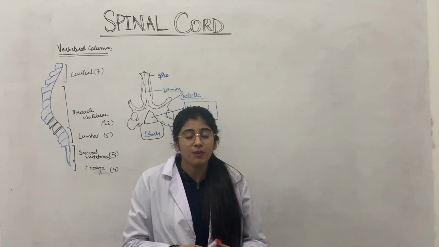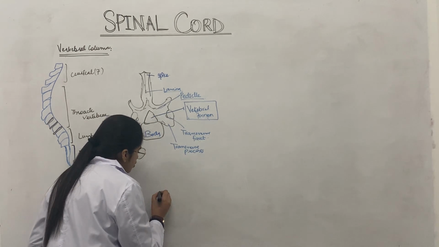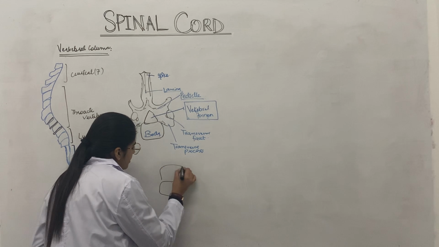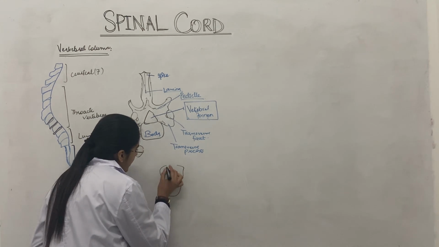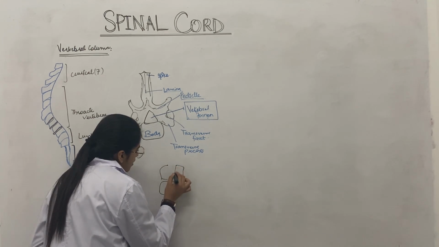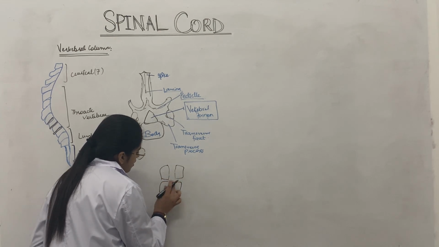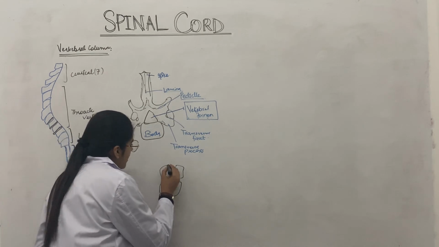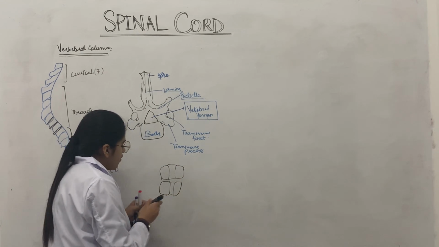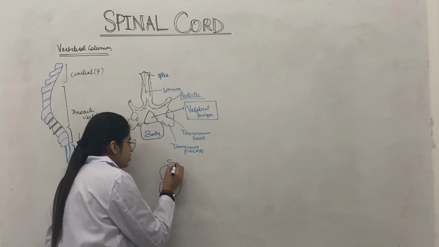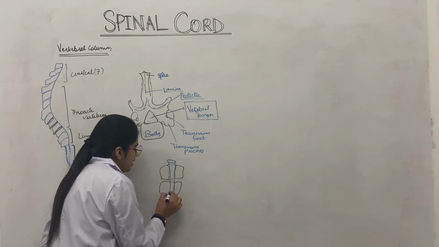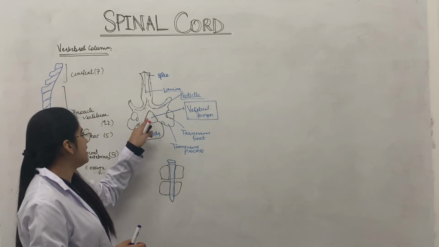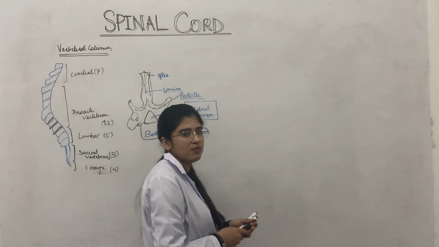But whenever one vertebra stops, there is another vertebra, so there would be a foramen in between, and through it passes the spinal cord.